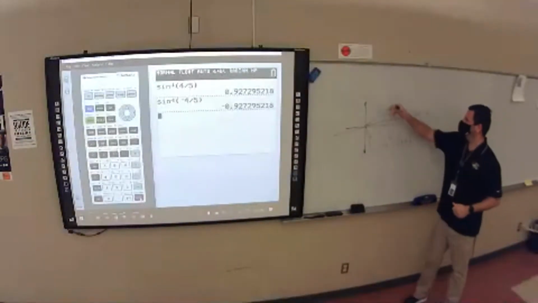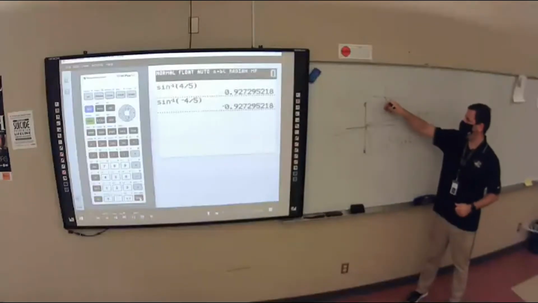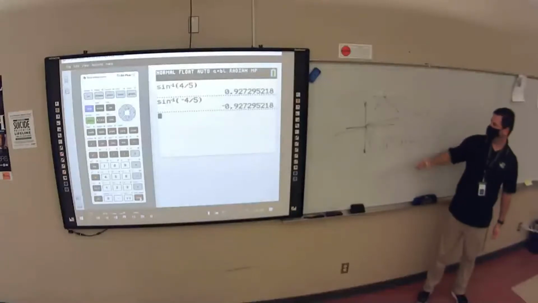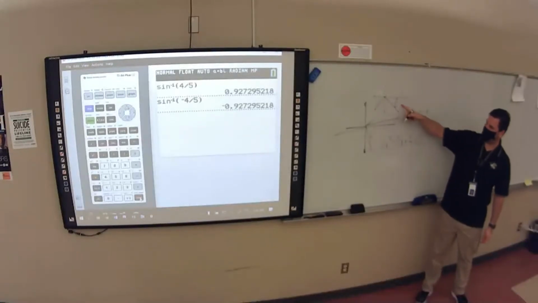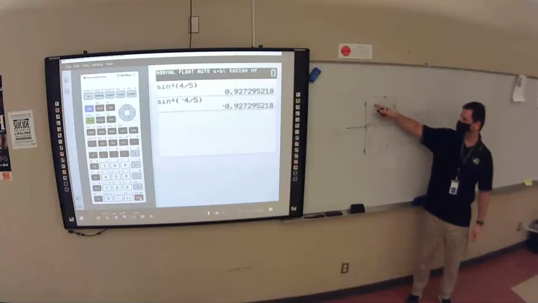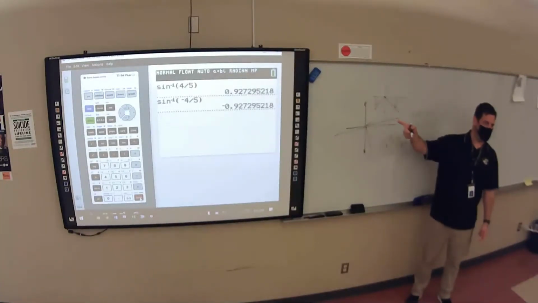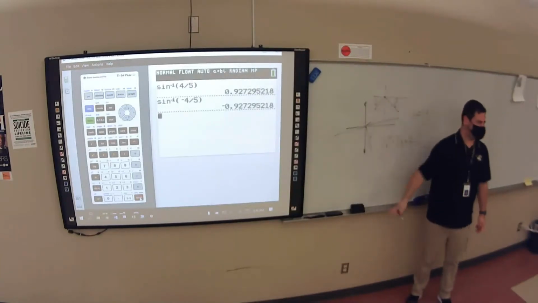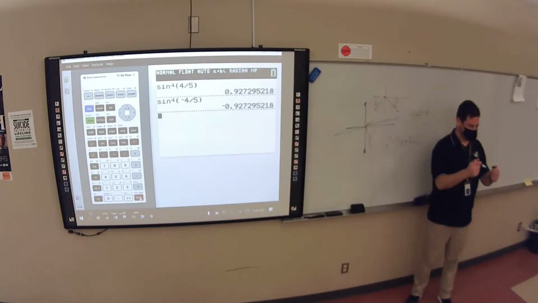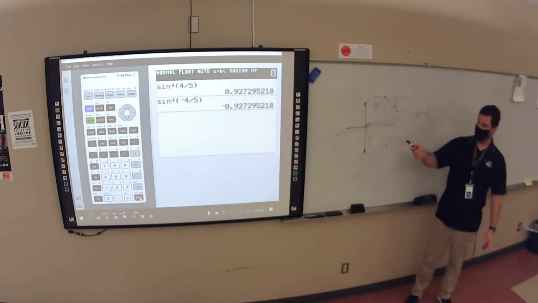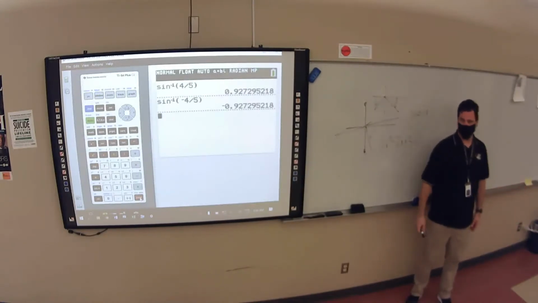Sorry about my marker. It happens here, and then it also happens over here. You've got to figure out where that is. This is the distance here, that's 0.92. You've got to figure out the distance from here to here, which is 2 pi minus that, or rather 1 pi minus that. Y'all okay with what I'm talking about there? I'm not too worried about it because it's not on the test, but I do think it's something you kind of need to know. But getting that second angle is harder than just knowing the unit circle.